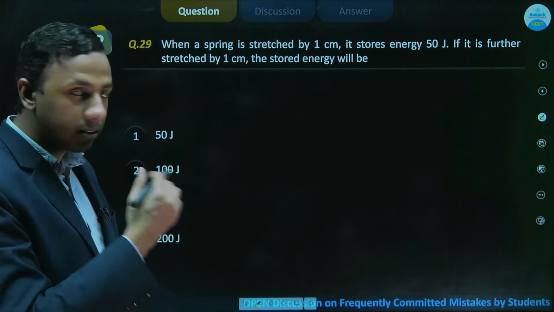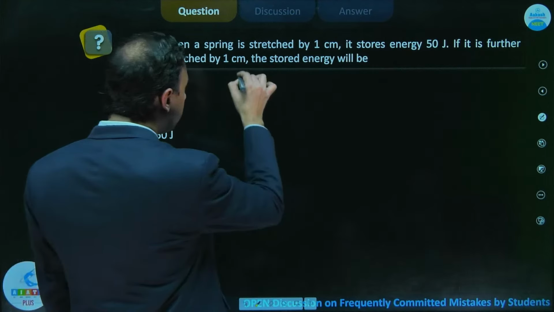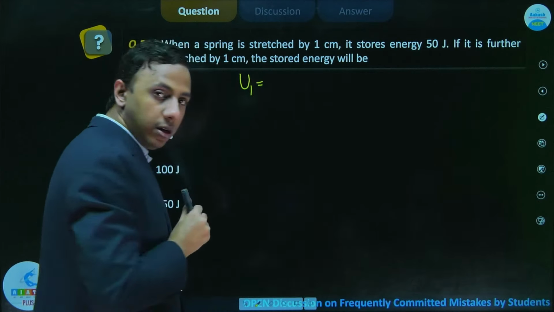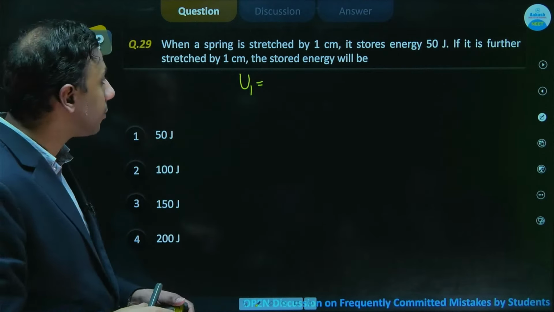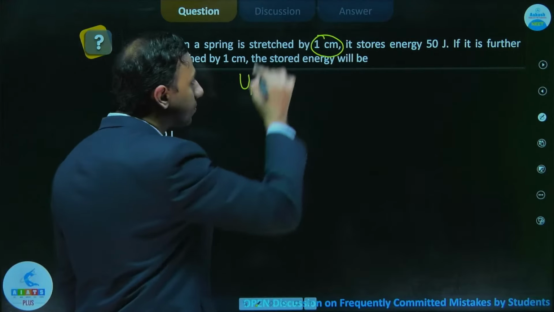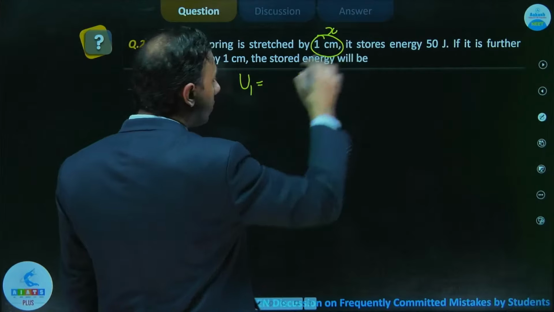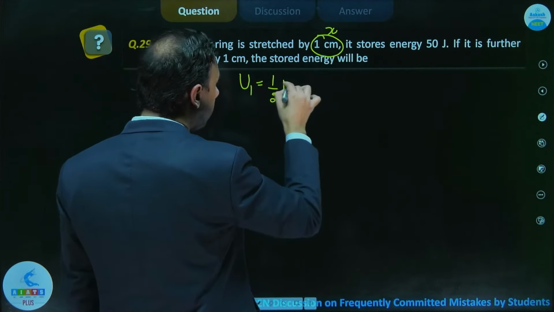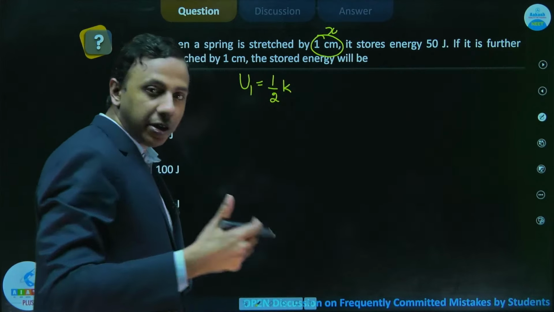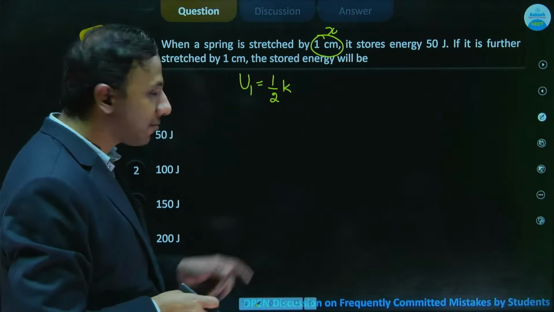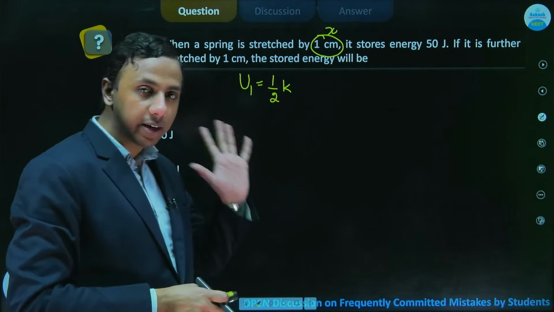If you see in the first case, the stored energy, let's call it U1, is equal to half K X square. You have to convert it into meter, but for now I am leaving it in centimeter only.